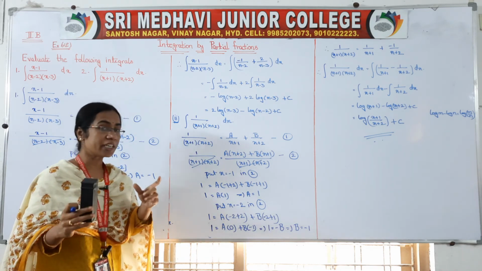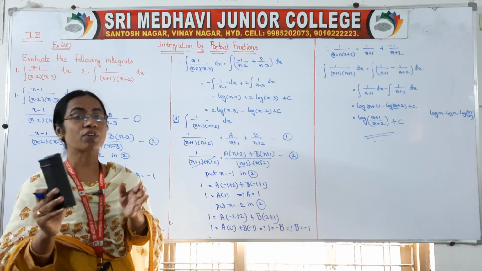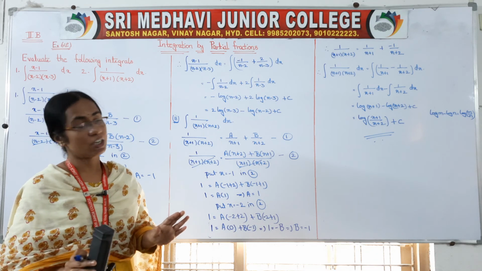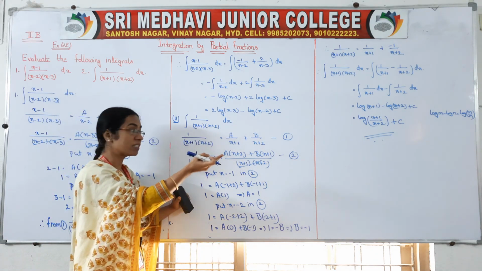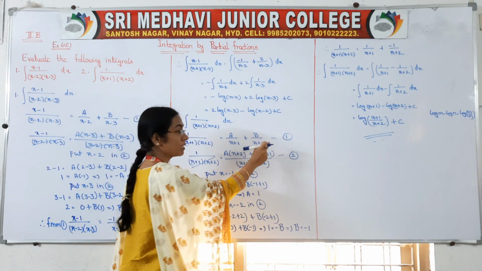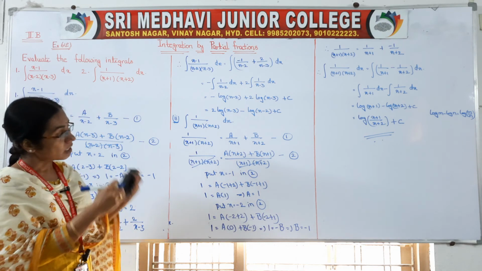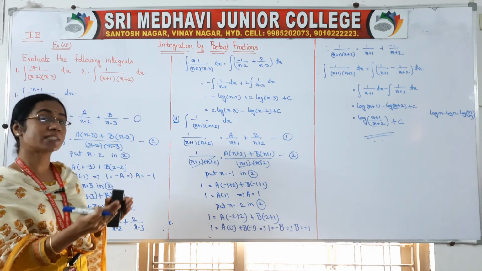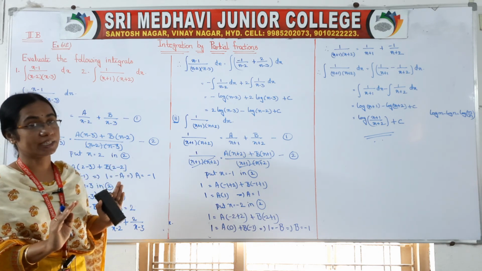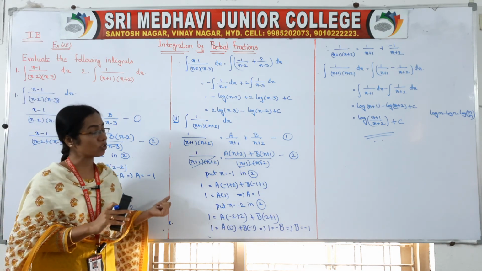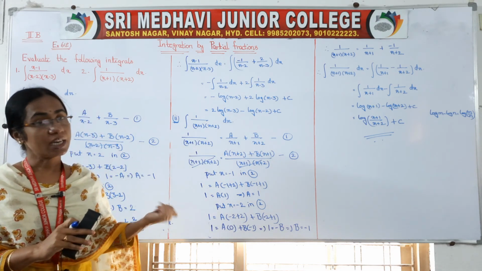So if each linear factor is different, then for each linear factor we have to select one fraction. Okay, so here x plus 1, x plus 2. Suppose x plus 3 is also there, then here I will take plus C by x plus 3. One more fraction will come, and while solving we have to get A, B, C values there. After solving them, then apply the integral. So this is called solving the integrals by partial fractions.